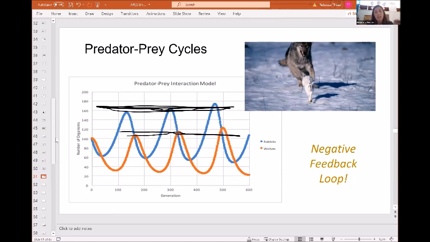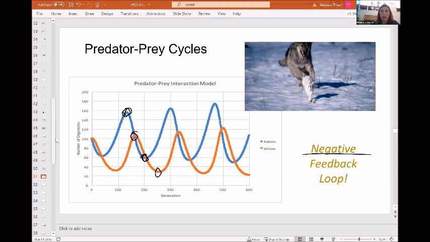thermodynamics. The other thing that you will notice about this graph is that peaks in the prey population are followed by peaks in the predator population. Then you have a bust followed by a bust. Now, if you took bio, this is an example of a negative feedback loop.